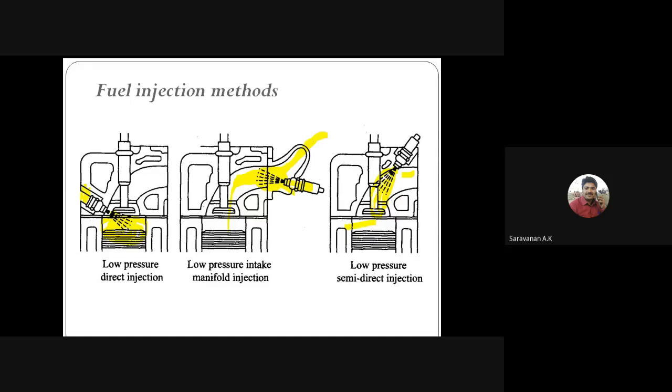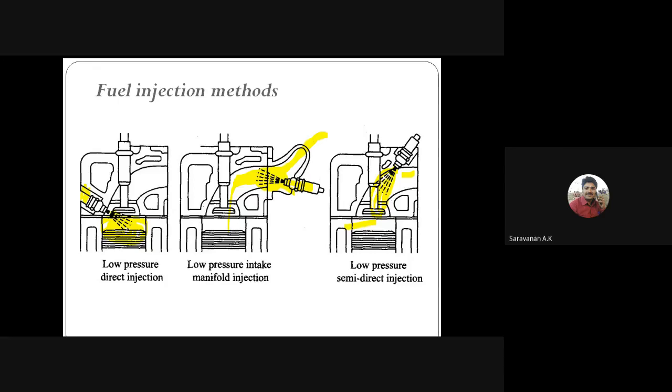For the group of single point and multi-point injection systems: in the single point injection system, we use only one or two injectors mounted inside the throttle body assembly.